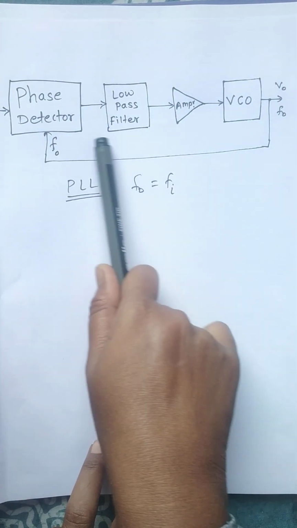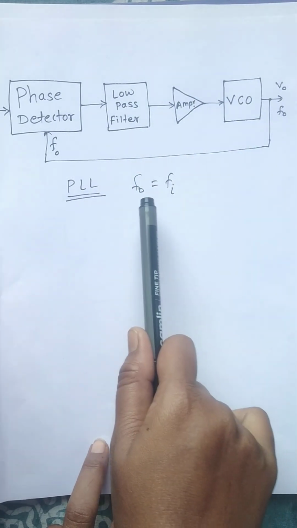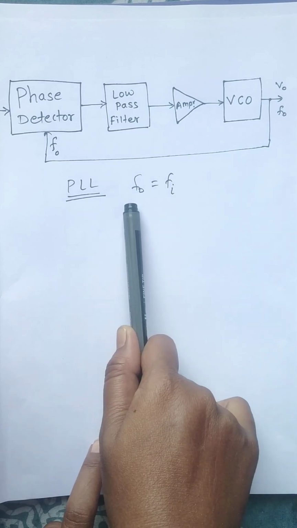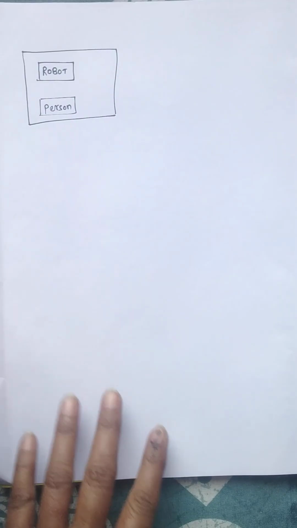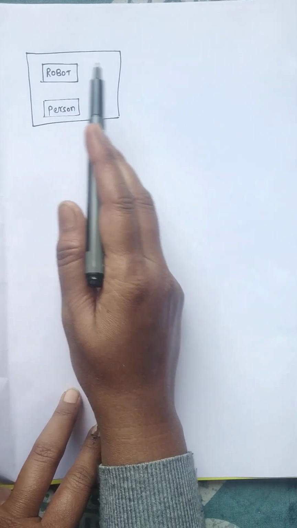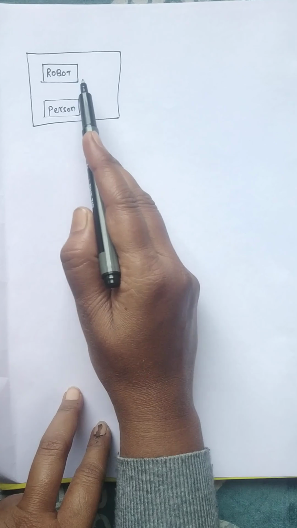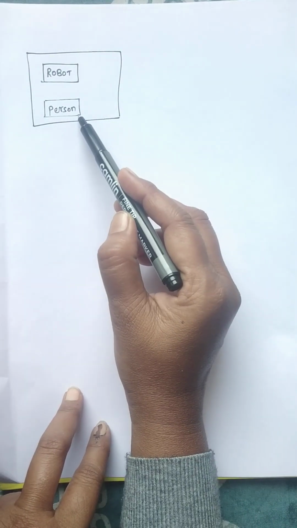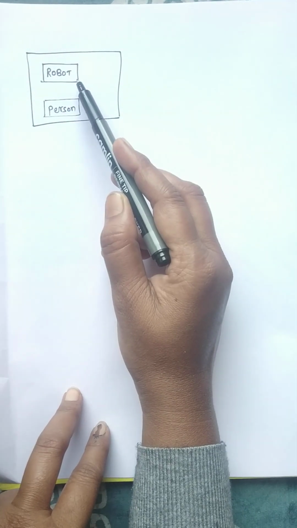Okay. Now for understanding how this PLL tries to make the output frequency the same as the input frequency, let me first explain the concept with the help of a real-time example. Suppose there is a system where a running robot tries to detect whether any person is running with it.